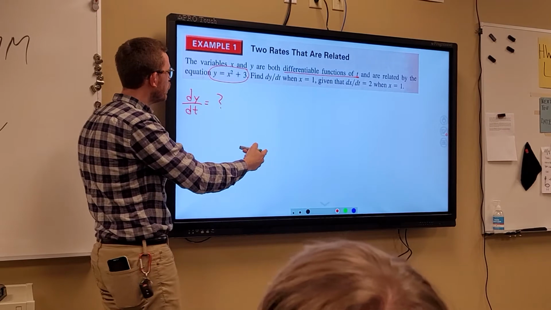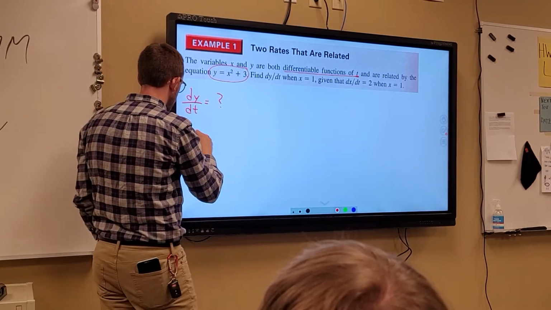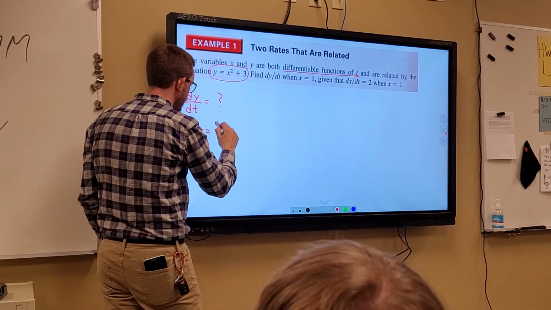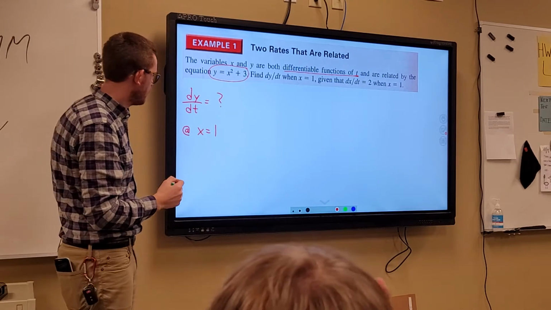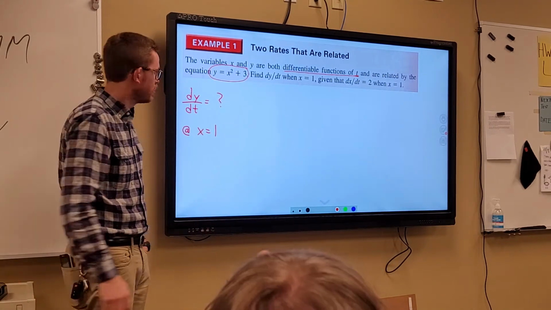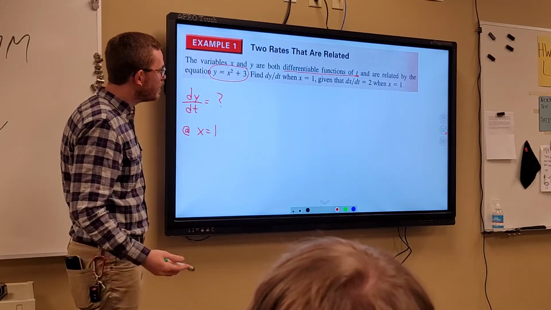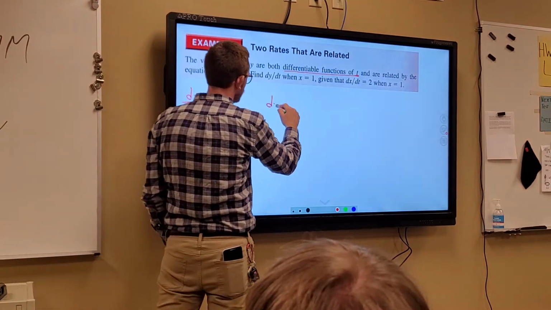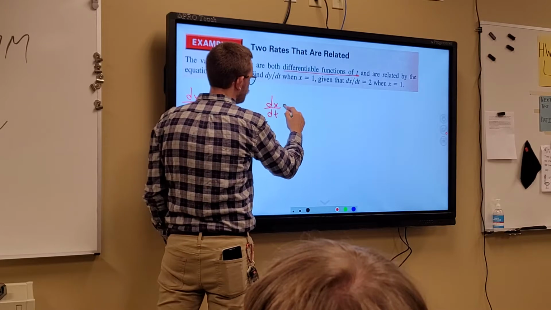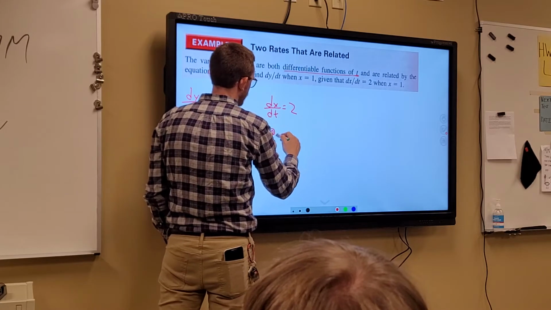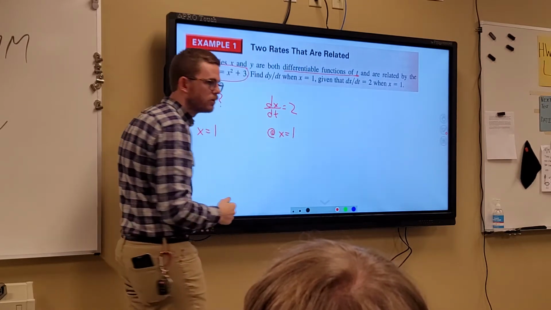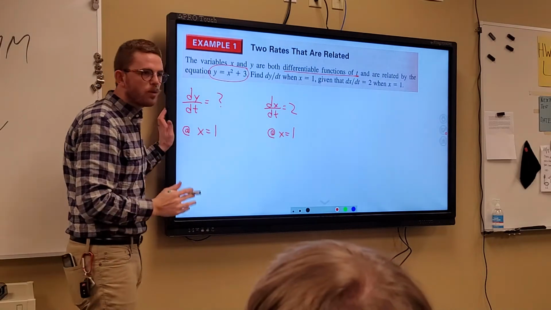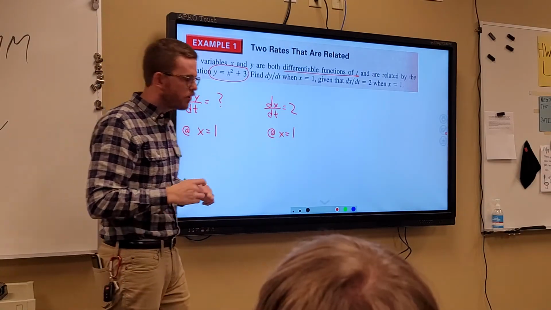When x equals 1, so I'm going to write that down as at x equals 1, because, super cool millennial. And it's given also that dx over dt is 2 at that same x value of 1. So when we're doing these related rate problems, they're going to stick out.